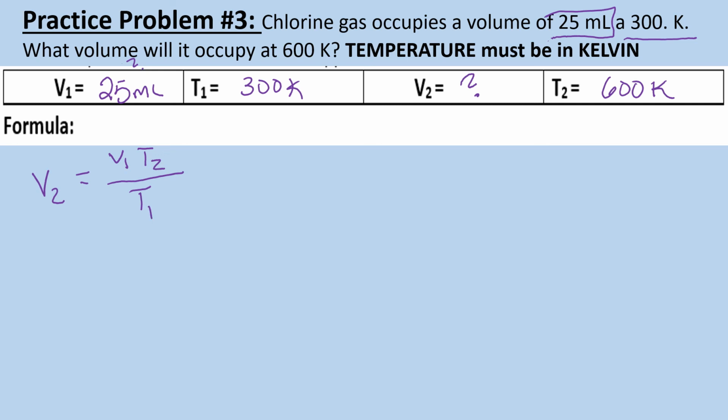Okay, so plug in our numbers. We have V2 is equal to 25 milliliters times T2, which was 600 degrees Kelvin, divided by our initial temperature, which was 300 degrees Kelvin.